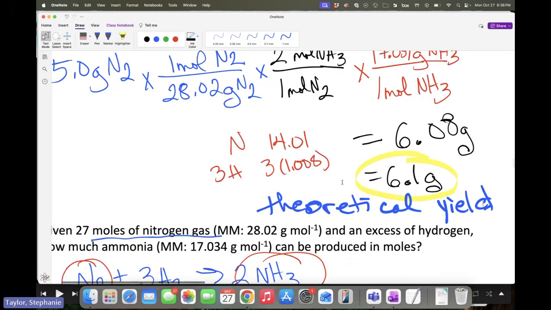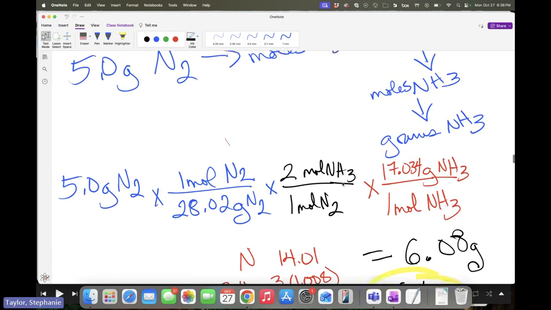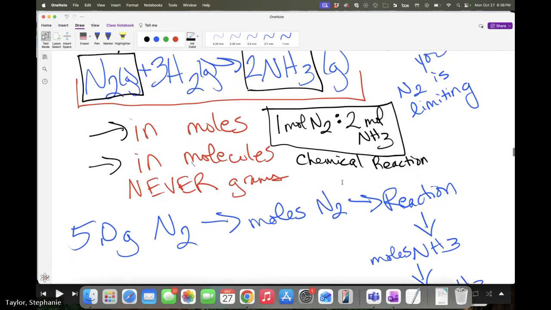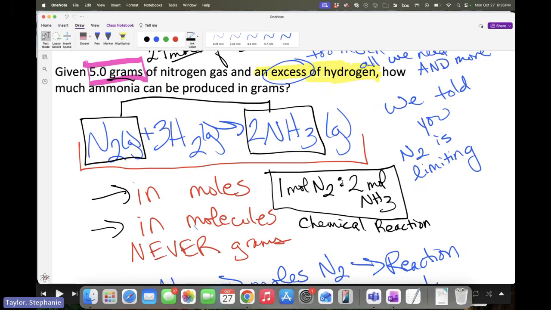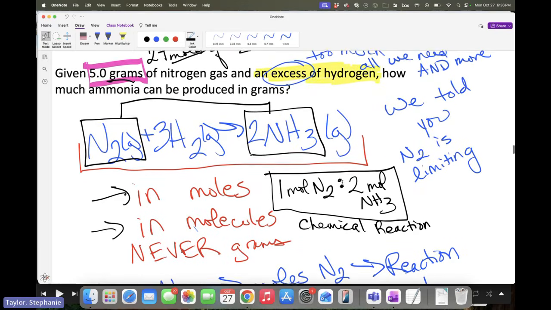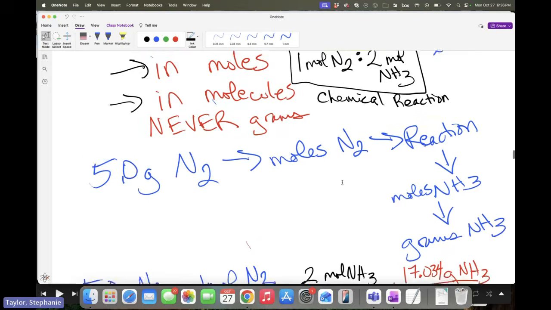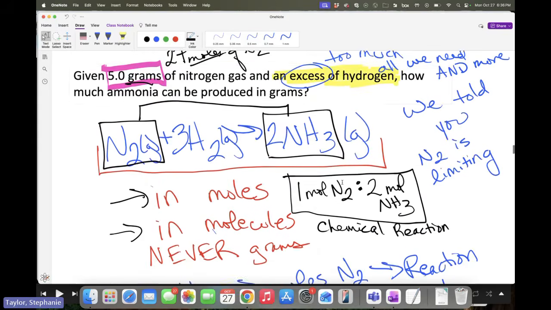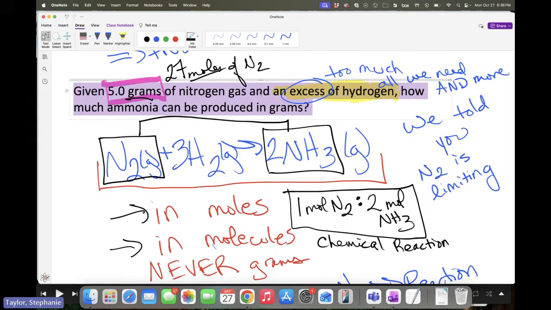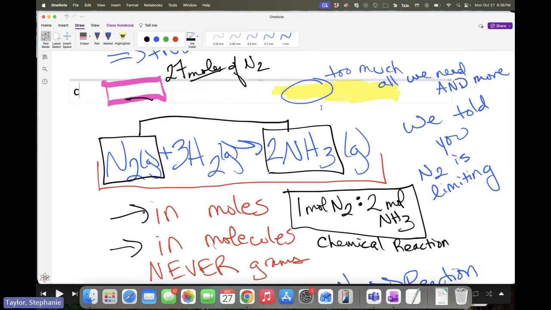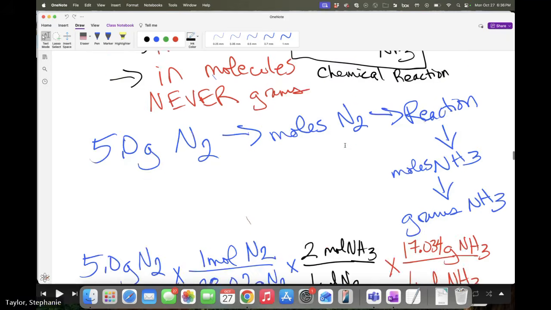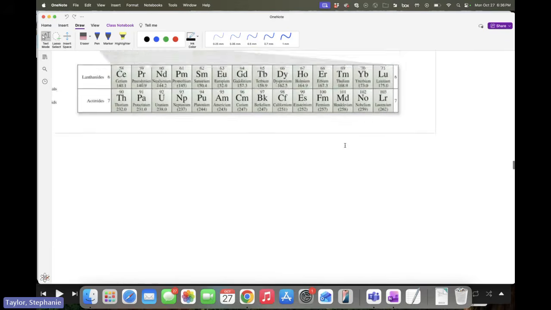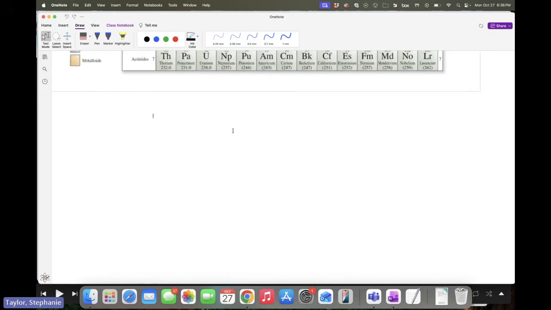This is the yield if everything goes right according to my calculator. That's what the theoretical yield is. My actual yield then is something that has to be given. So I'm going to use this exact same problem again, but set it up as a percent yield problem.